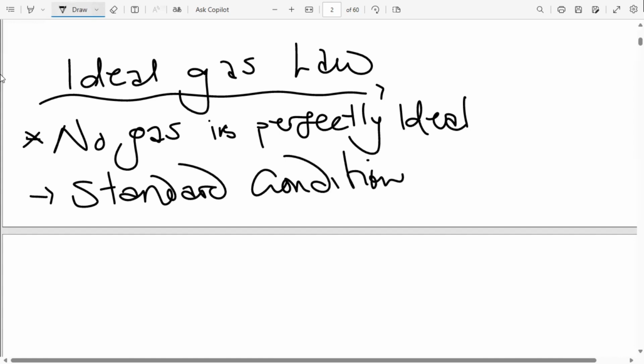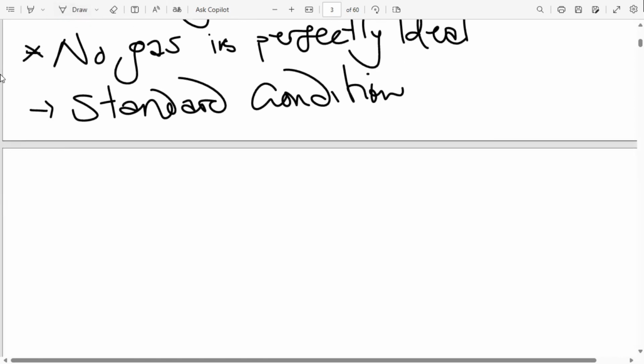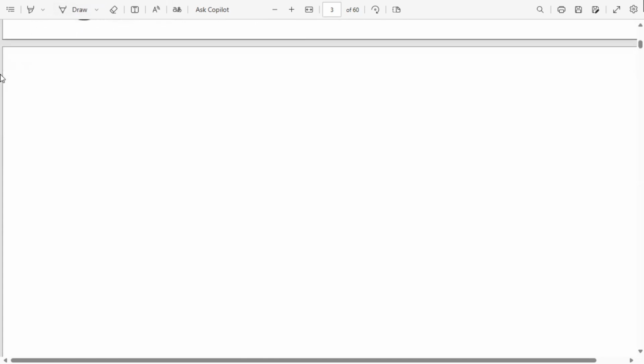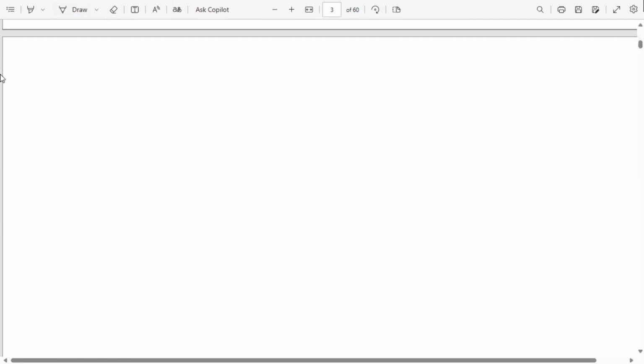And for those who remember, we talked about the ideal gas equation, and I'm not going to waste a lot of time. I'm just going to bring the ideal gas equation that we discussed last time here again, because it is going to be the foundation of what we want to discuss today. So we discussed the ideal gas equation, which describes the behavior of ideal gases under standard conditions.